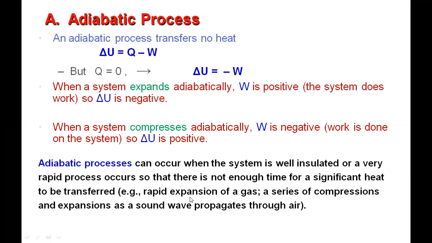For example, rapid expansion of gas, or a series of compressions and expansions as a sound wave propagates through the air. So these are some examples of the adiabatic process.